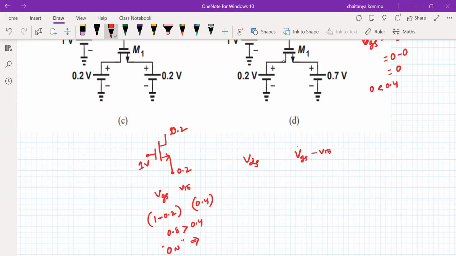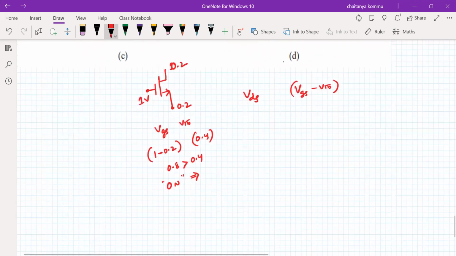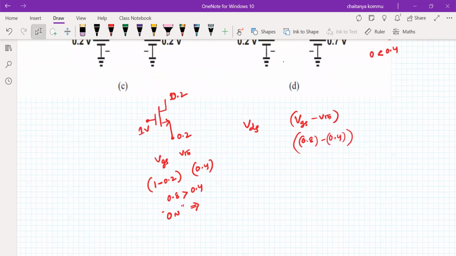Now, once it is on, then we need to decide the relationship between VDS and VGS minus VTH. So what is the value of VGS minus VTH? This is 0.8 minus 0.4, which is 0.4, right? VGS is 0.8, VTH is 0.4. What is the VDS value? Drain to source. Drain is at 0.2, source is at 0.2.